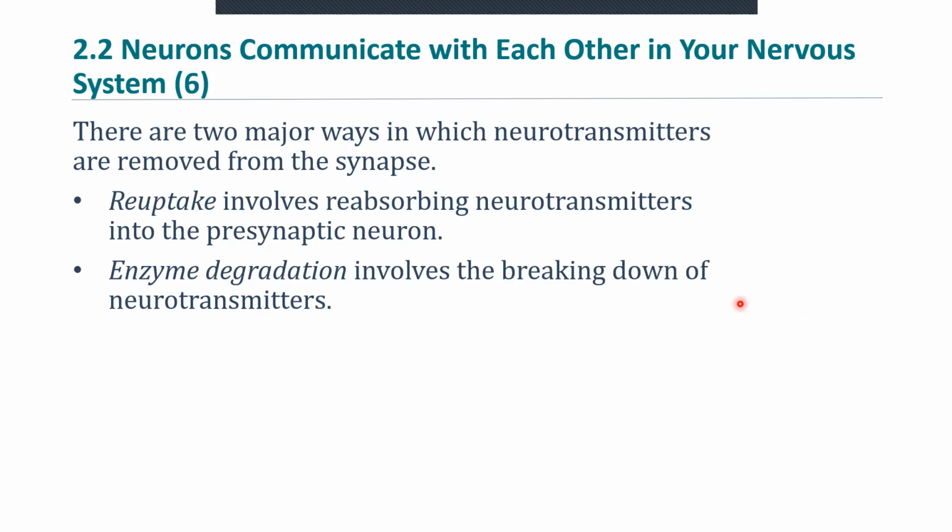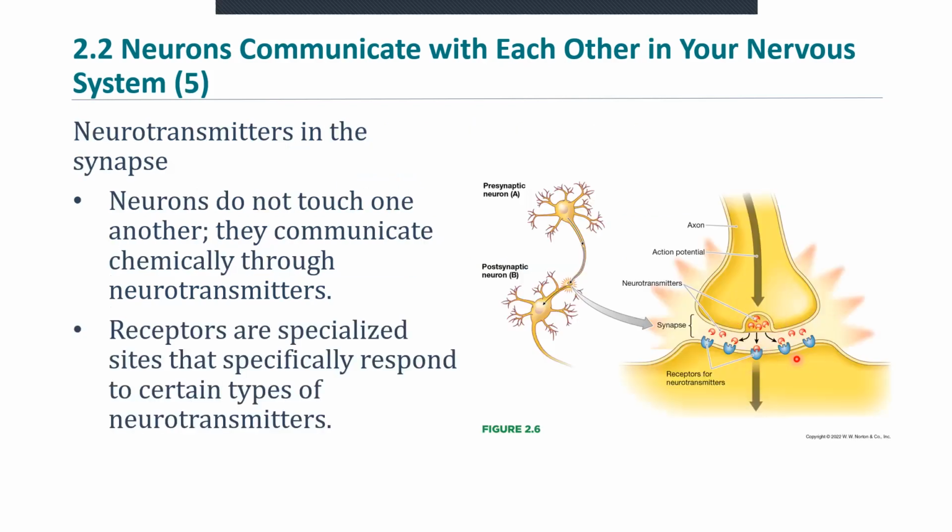So just to back up, after this chemical release, and there's activation in the postsynaptic neuron, this terminal button sucks back up a lot of the chemicals that are floating in the synapse, and then they make a new bag of chemicals, a new vesicle, and they can use it again. You have to recycle, otherwise neurons would run out of neurotransmitters.